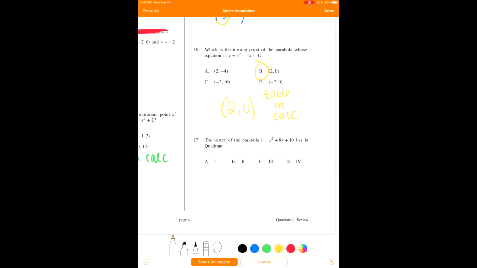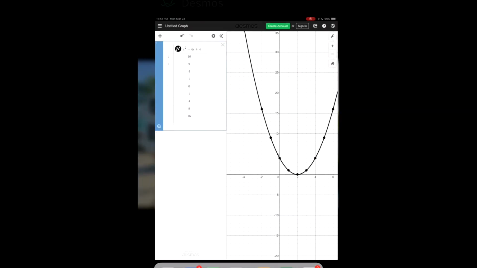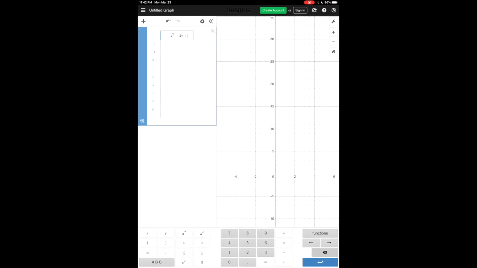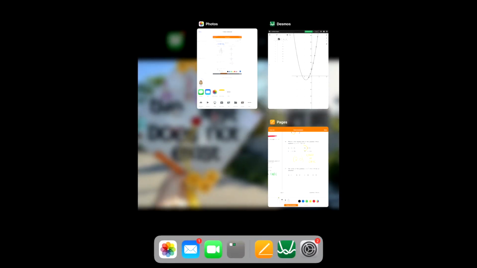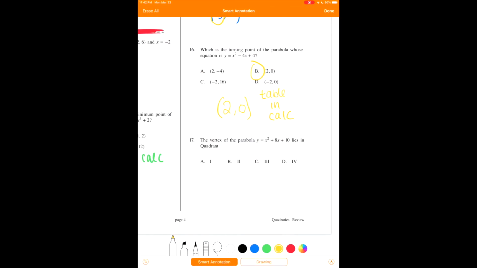For number 17, the vertex of the parabola x squared plus 8x plus 10 lies in which quadrant? So just to refresh our memories, my quadrants go like this.